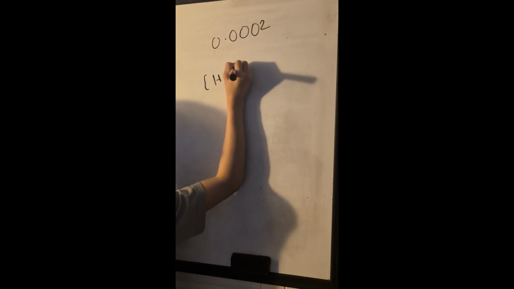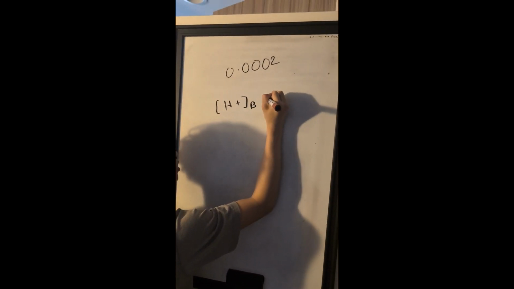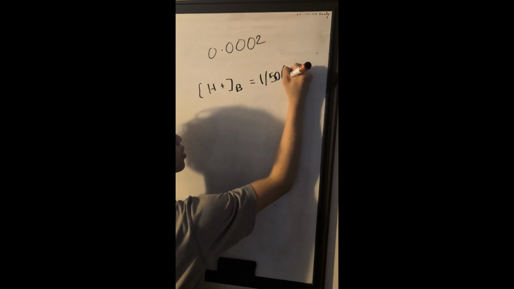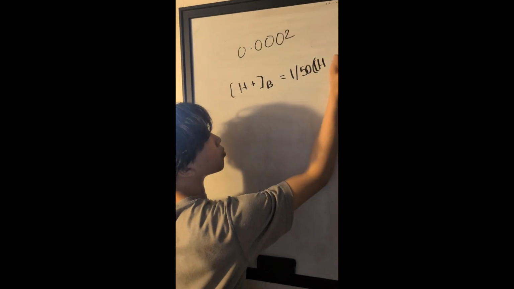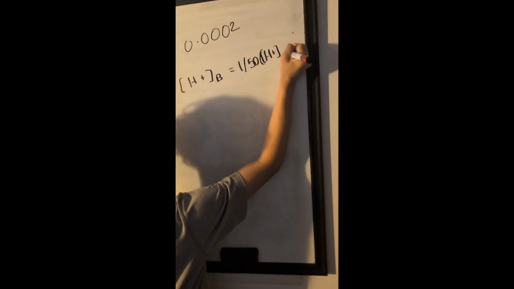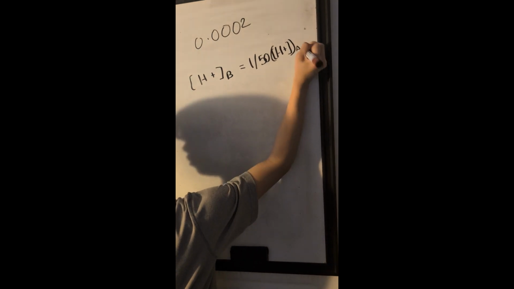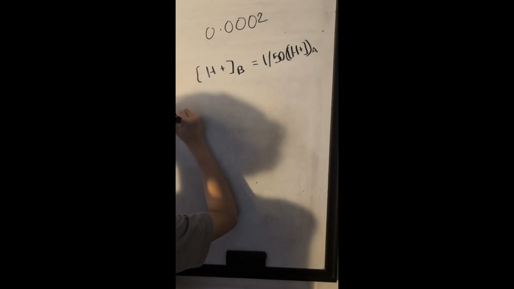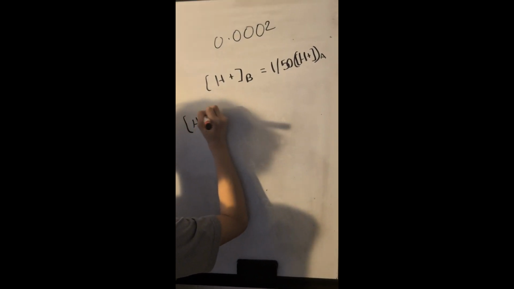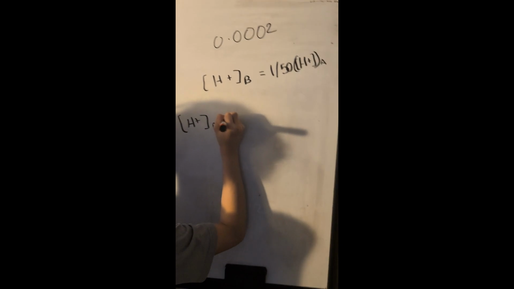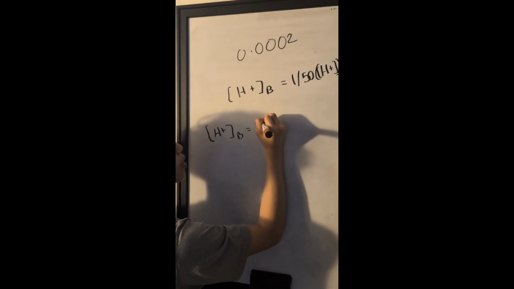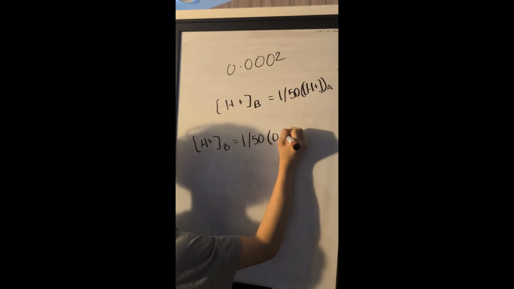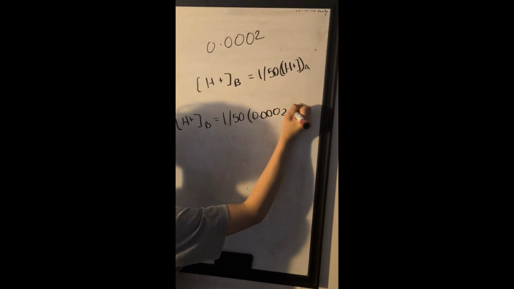H plus B is equal to 1/50th A. So now we use what we know. H plus B is equal to 1/50th times 0.0002.